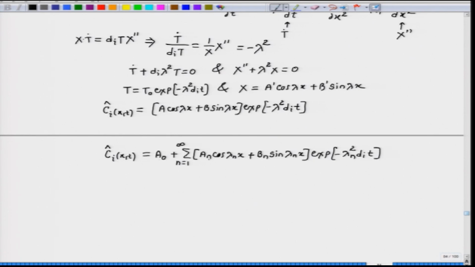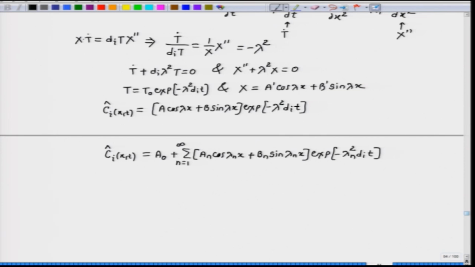This a 0 is basically the value of a n when lambda n equals 0.